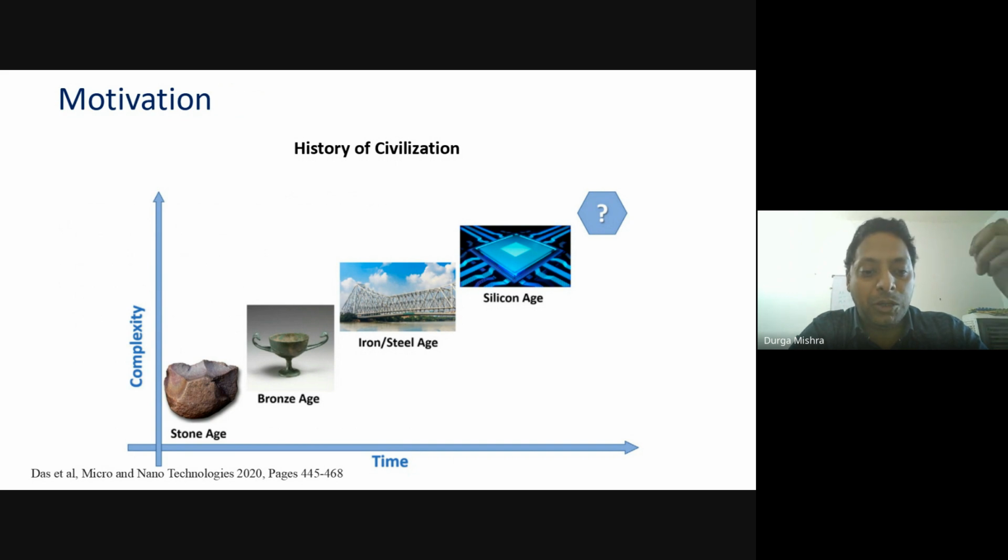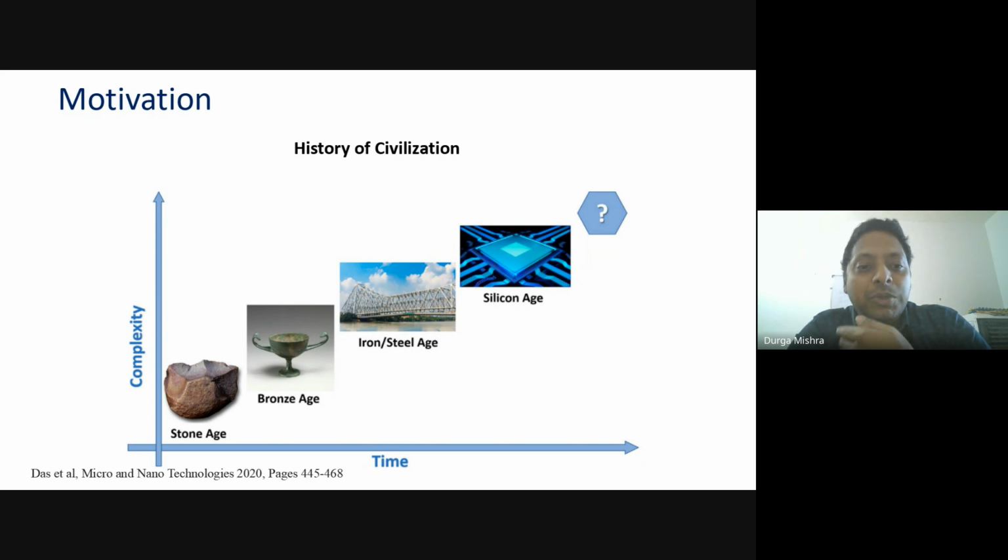Over a period of time, we started with the Stone Age, where we used tools made from stones, and we used to live wandering in forests, just like animals used to live, or still live.